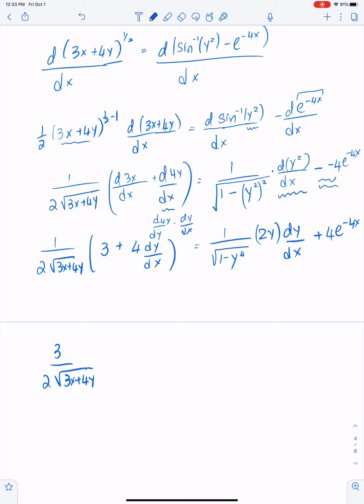We are asked to find dy/dx, so we have to solve for dy/dx and bring all the dy/dx terms to one side and remove the factor in front of it.